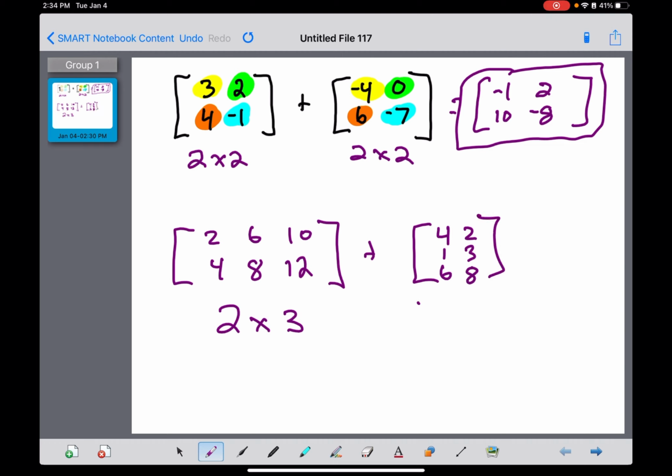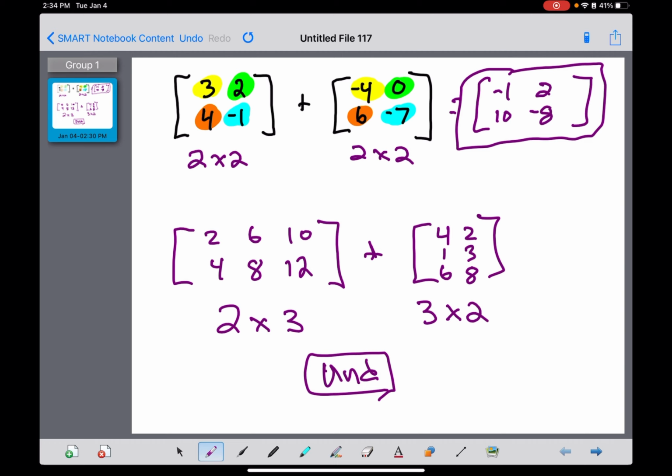Could we add those two things together? No, we couldn't do that. We said this was undefined, because the dimensions weren't exactly the same.